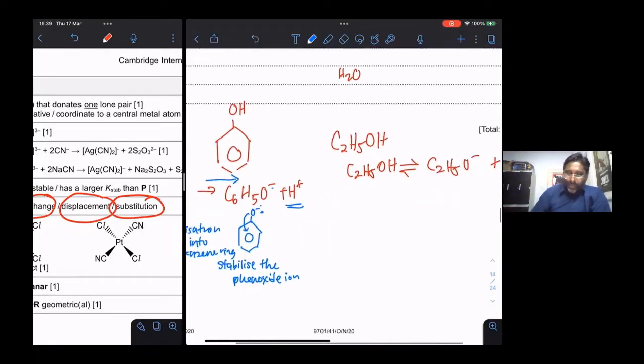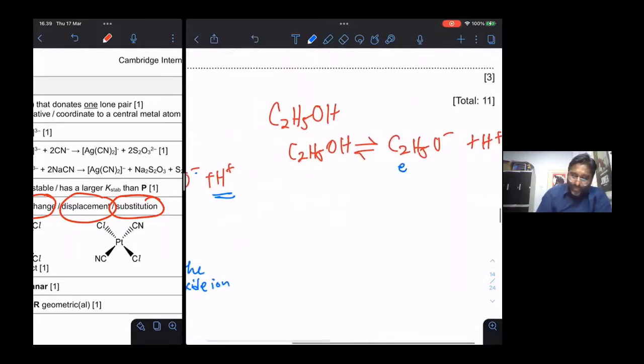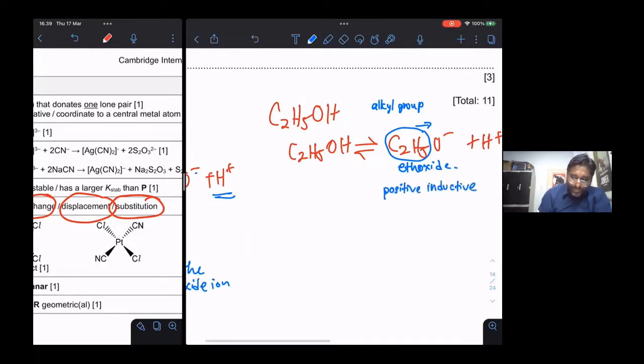But it is going to be different when you look at ethanol, because it forms the ethoxide ion. So what is the difference? They have this R group, the alkyl group, which is an electron donating group. So you just need to say the alkyl group is electron donating. It gives you the positive inductive effect. So what is the positive inductive effect?